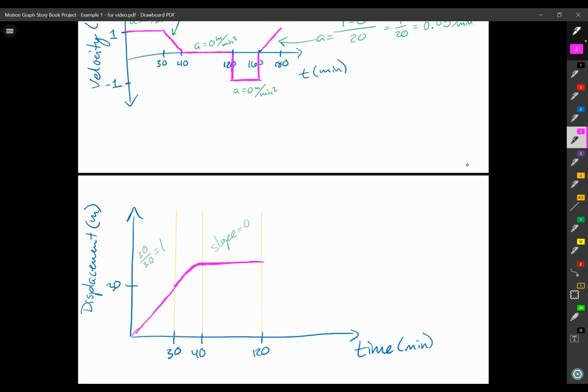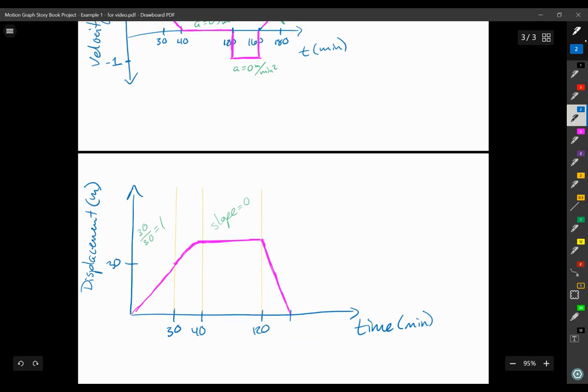So she went from where she's at. It's a constant velocity, so it's going to be a straight line all the way back. So my jump here for my velocity time graph is going to end up looking as a little corner, a little nook on my displacement time graph. And that's at 160 minutes. Okay, almost done.